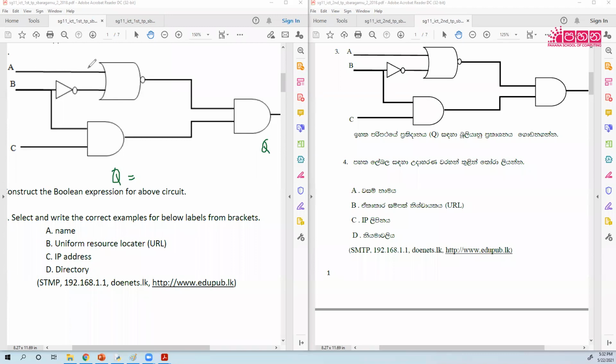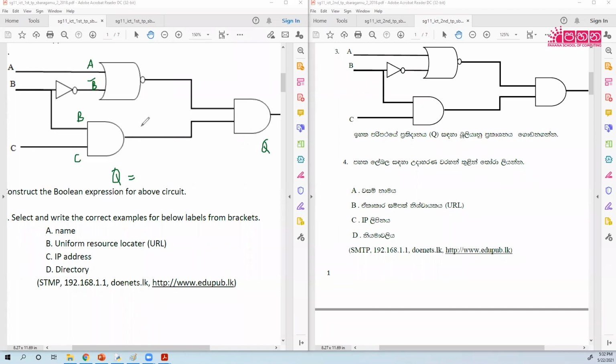Right, from this side we will have A now. Then we have B. From here we will get B bar. So we are getting B bar here. So from this side we will get B. From this side we are getting C. So this is an AND gate, and it means Boolean multiplication.